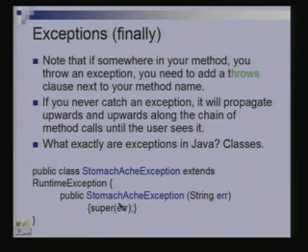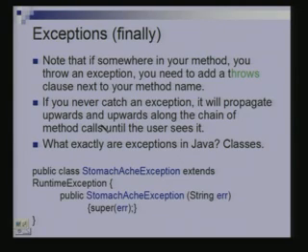Recall that the name of the constructor method is the same as the name of the class. So, the constructor method here is taking a single parameter, which is a string, yeah, and what does super mean? It is calling the super class with this parameter.